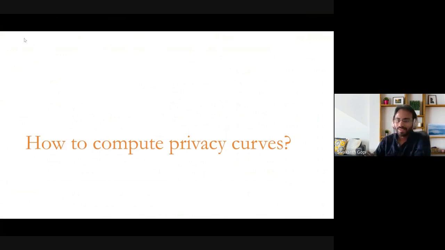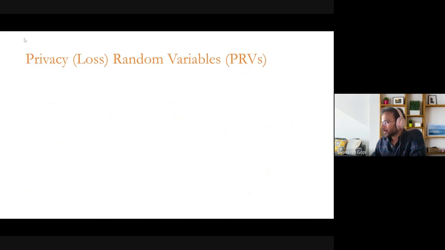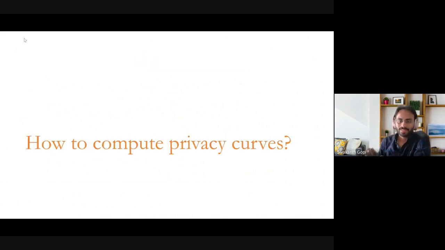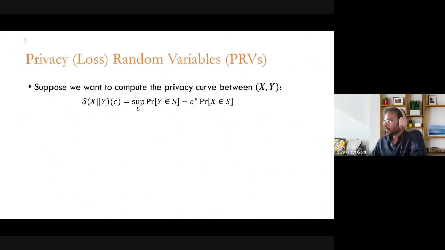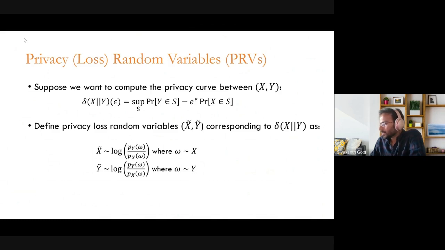Okay, so now we have shown the theoretical guarantee. Now I want to say, how do we actually compute these privacy curves, to plot them. For this, we use this notion of the privacy loss random variables, which is basically the privacy loss distribution. Suppose we want to compute the privacy curve between two random variables, x, y. You define the privacy loss random variables as x tilde and y tilde.